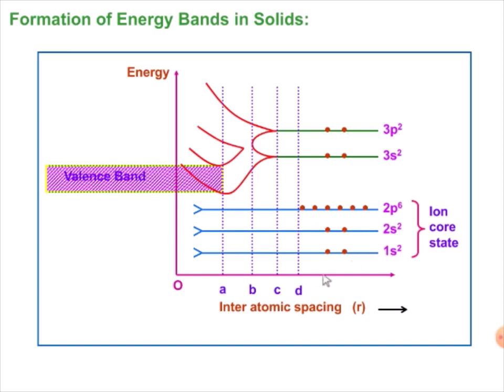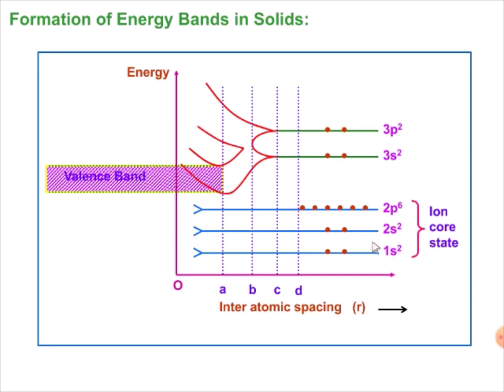Now next, let's see. When the interatomic spacing R is less than D but greater than C, that means in between these, there is no visible splitting of energy levels. So there is no splitting in these energy levels, we see them as fine lines.